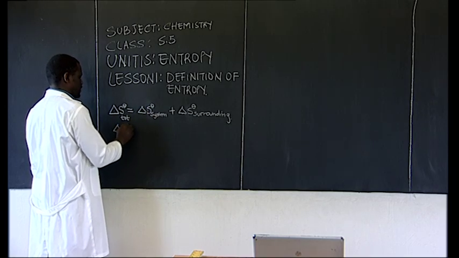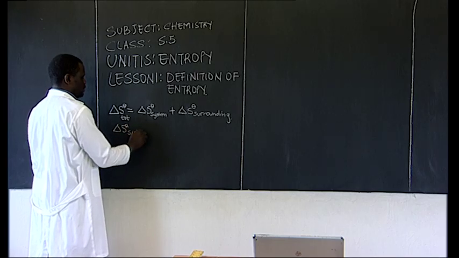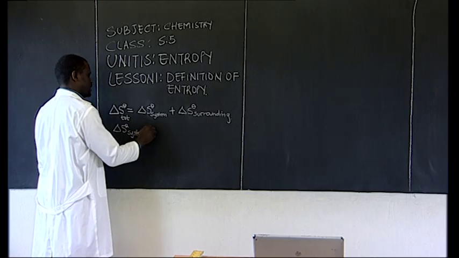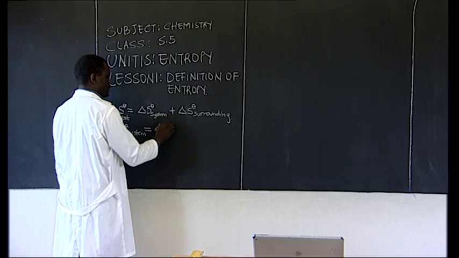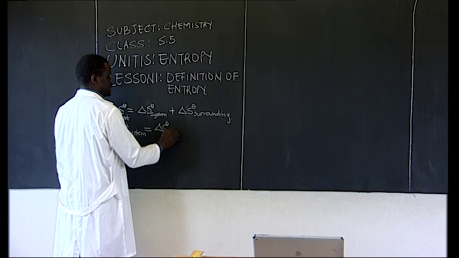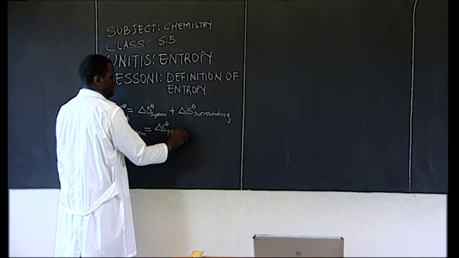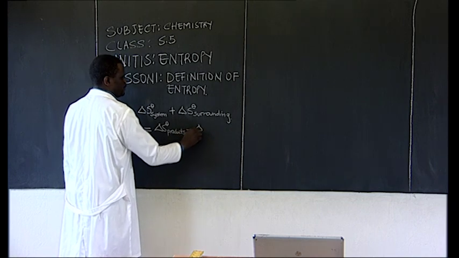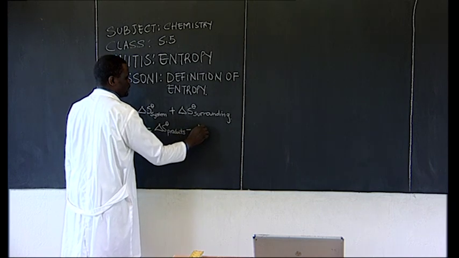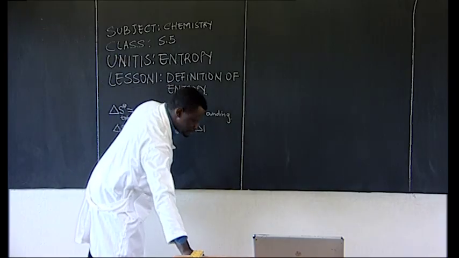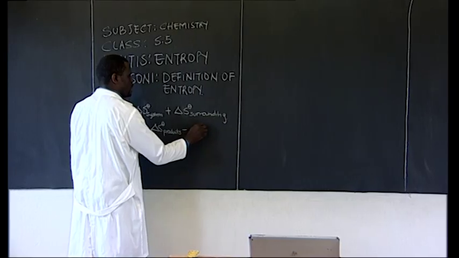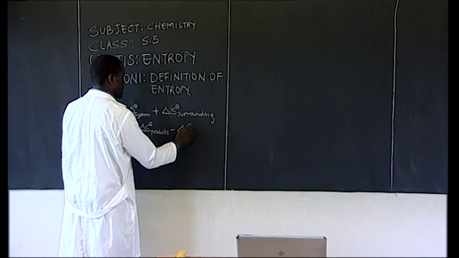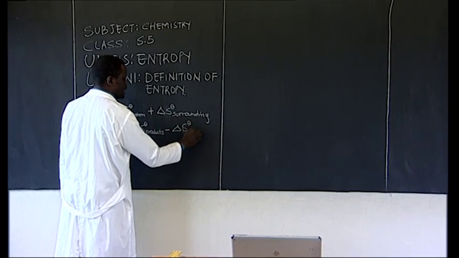So then we can get the entropy of the system. System meaning what is taking place in the reaction. So I can say system, or I can write it in short form, will equal the change in entropy for products minus the change in entropy for reactants.